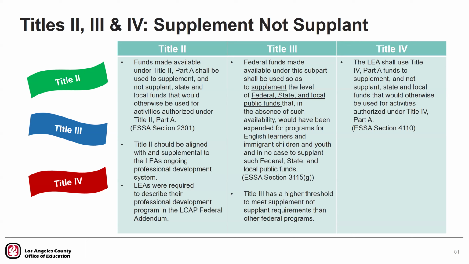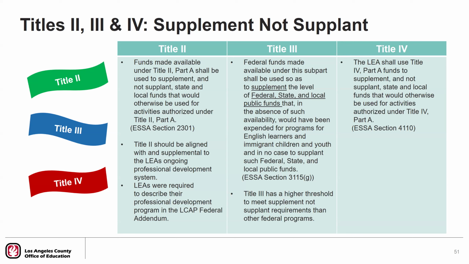In general, federal funds may not be used to supplant non-federal funds that would otherwise be used for activities authorized under the program. It's important to note that Title III does have the highest threshold to meet the supplement, not supplant requirements, because it requires that the program funds not supplant not only state and local funds, but also other federal funds.